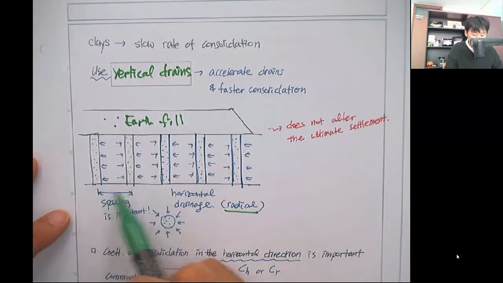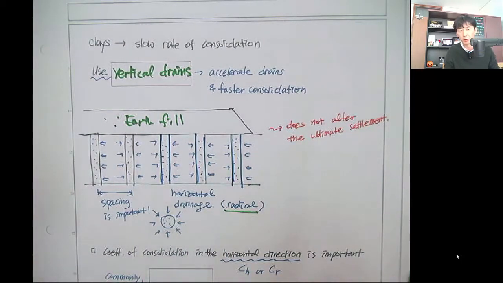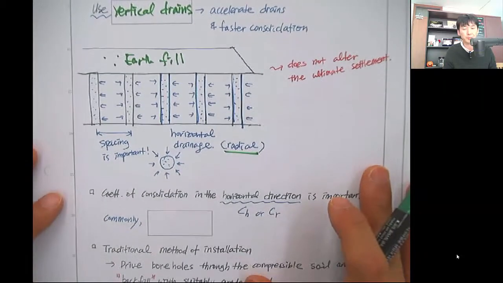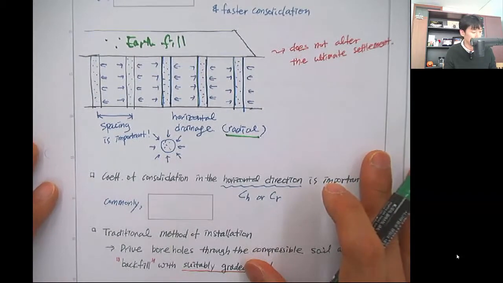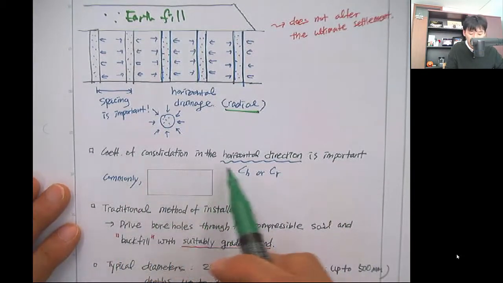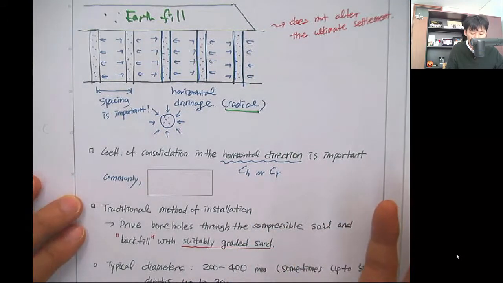Then the spacing between these drainage holes or drainage columns will be very important. That will be the core design parameter in this kind of application. So the coefficient of consolidation in the horizontal direction, or say the radial direction, is important.